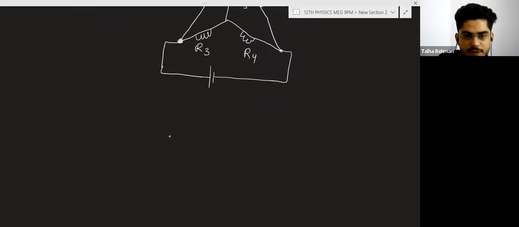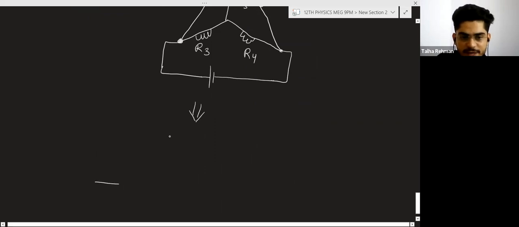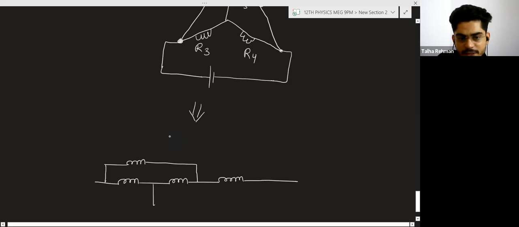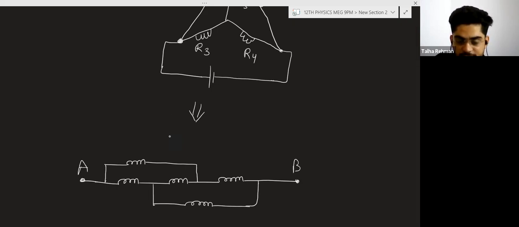Suppose three resistances are connected like this on a wire, and I have just connected one resistance like this, and this is a point A and this is a point B. This is R3, this is R4.